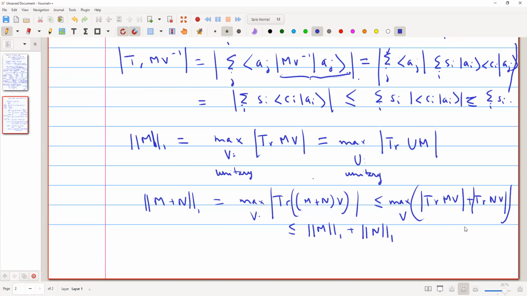It turns out that this redundancy can be exploited. Anyway, that was not a very sacrosanct statement. Our aim was to show the triangle inequality for M plus N, and we've shown that by this alternate characterization.